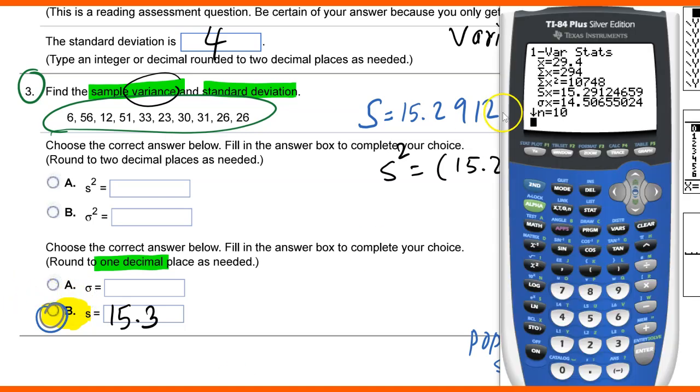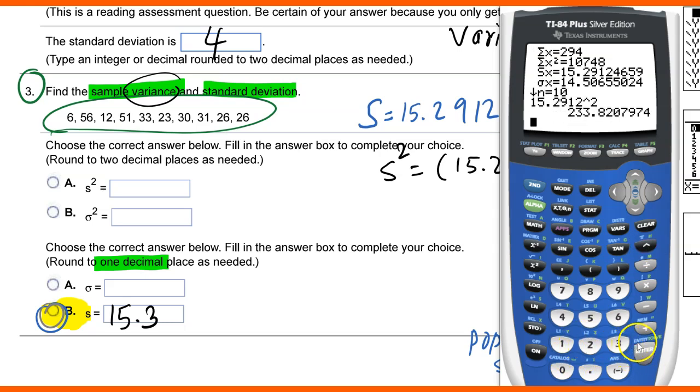Okay, let me square this. It is going to be 233.82. Since you're rounding to 2 decimal places, you write 233.82 as a variance.